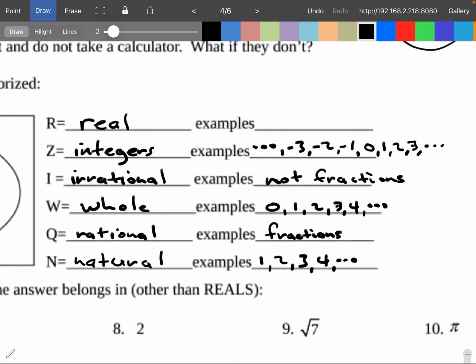And so for that, we're just going to write everything below. You guys okay? So if you take the natural, the whole, the integer, the fractions, and the not fractions, and you put them all together, that gives you the set of real numbers.